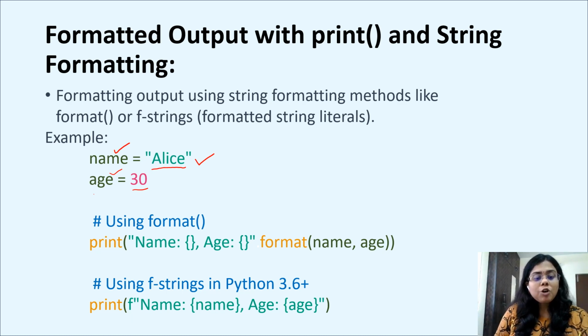For that, we have the syntax: print, open braces, we give name, and the braces, and then we have the age, we have the braces. Anything that is given between the double quotes over here is printed as it is. Now we use the format function, which allows us to get the values of name and age and print them as an output.